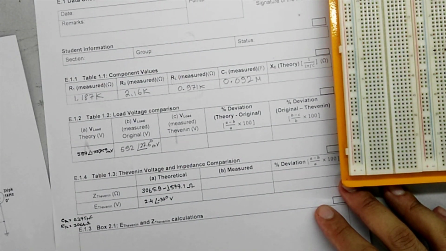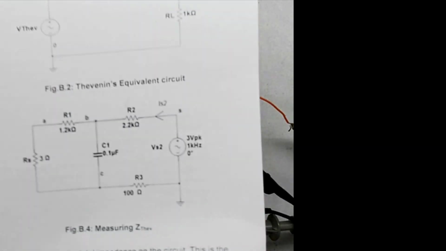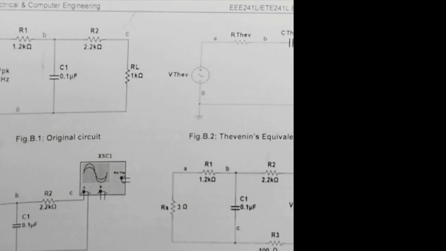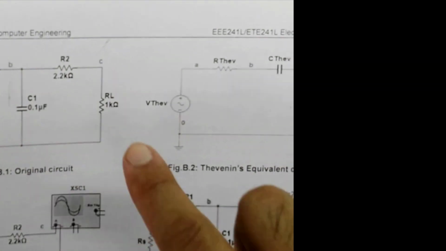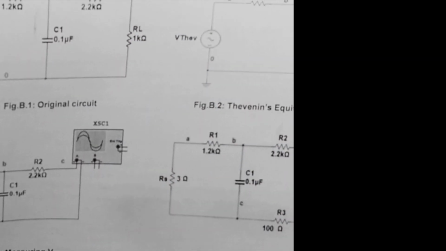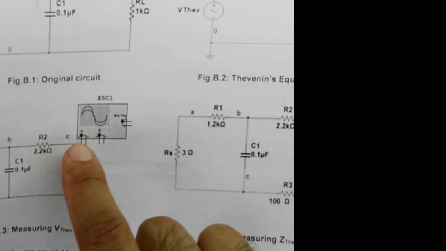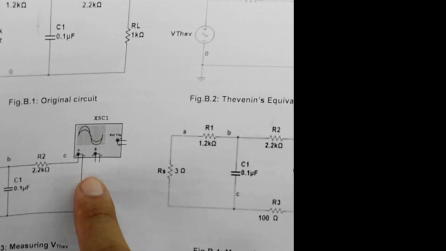So we have recorded the phase to be 27.6 degree. So for the next part of the experiment, we will have to remove this load resistance, and we will have to measure the open circuit voltage, which is the Thevenin equivalent voltage.